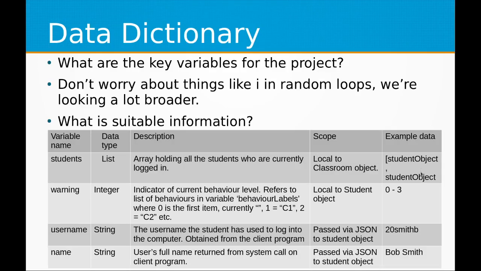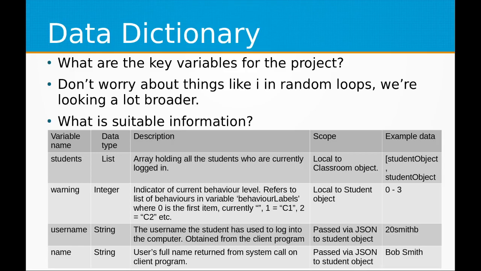For the data dictionary, you can have the key variables which you're going to be using, the key things which you're storing. It may not be variables, it may be what you're storing in various other places, a table, database tables, or things like that. Don't go to finer detail on this.